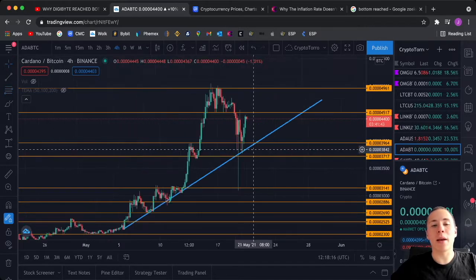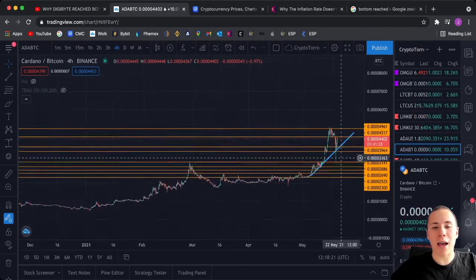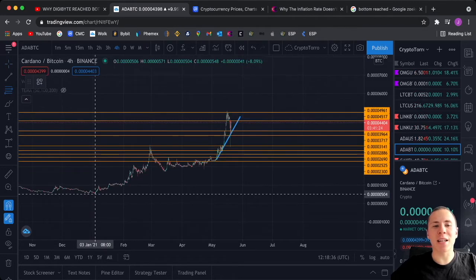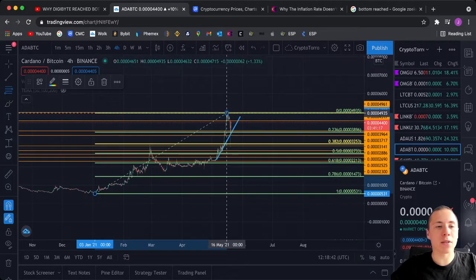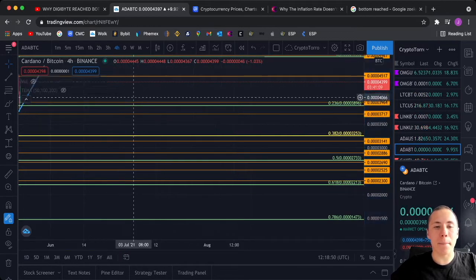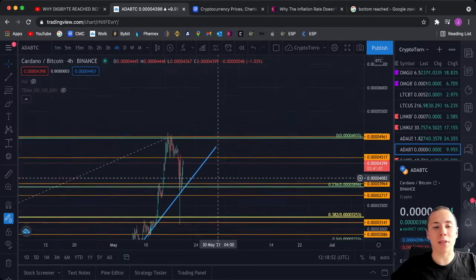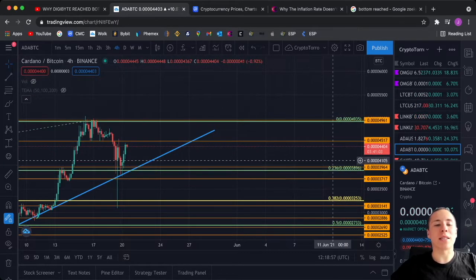And of course I will be placing a Fibonacci retracement level to just show you where we are at. I will be placing the beginning of my Fibonacci retracement on the 3rd of January at the beginning of this bull run. And what we are seeing is, if I place it correctly over there from swing low towards swing high, we are seeing that Cardano just had a minor correction towards the downside and found support right on top of the 0.236 Fibonacci level.